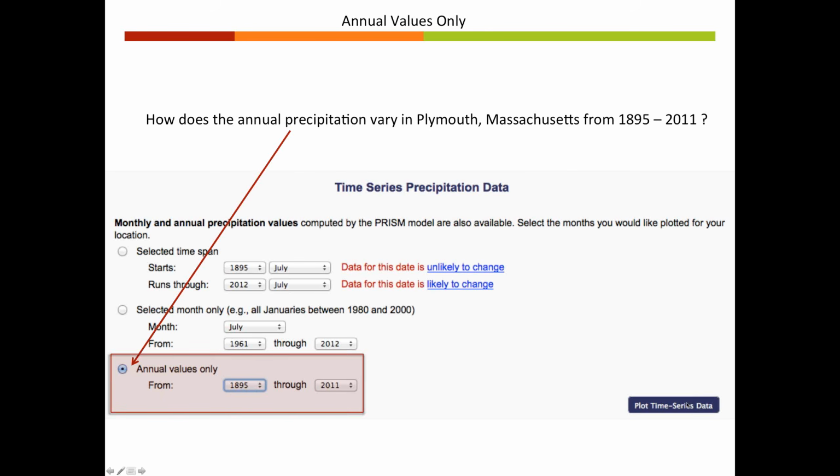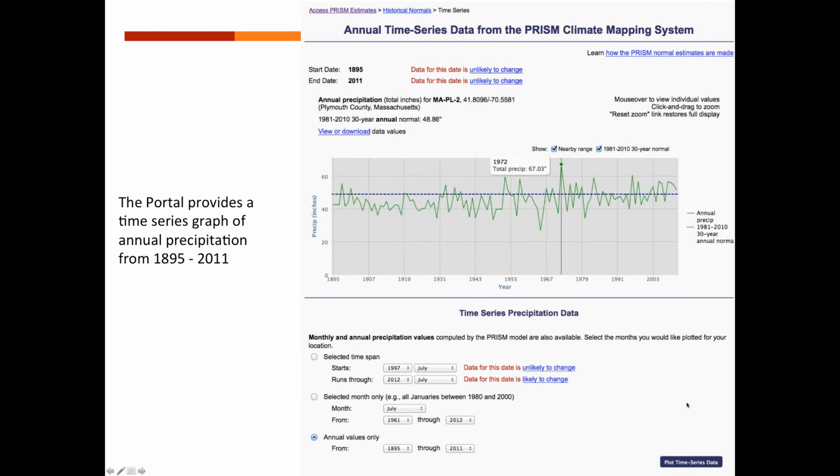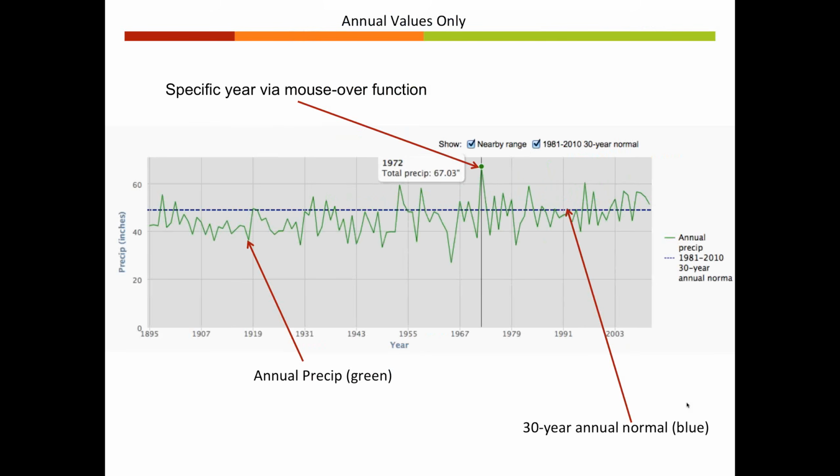Click the time plot series, push the button, there it is, it graphs it for you again, and here we go with the mouse over, and you can see from 1895 to 2011, pretty much back and forth, and there's the 30-year normal in blue. Here's a very rainy year in 1972. I think that was probably Hurricane Agnes or one of them in that area, 67.03 inches.